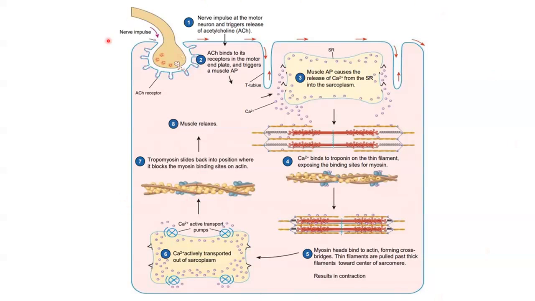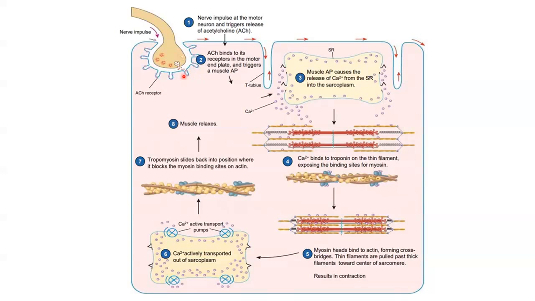So a lot going on in here. We'll do another recap. So we have action potential coming down our motor neuron, triggering the release of the acetylcholine, which diffuses across the synaptic cleft and binds to our ligand-gated receptors on the sarcolemma. So this is what's happening at the neuromuscular junction.